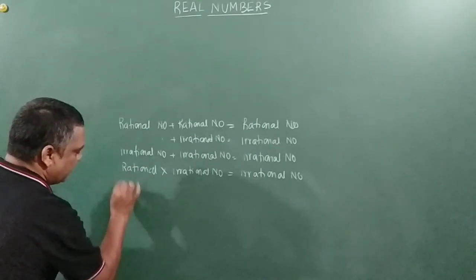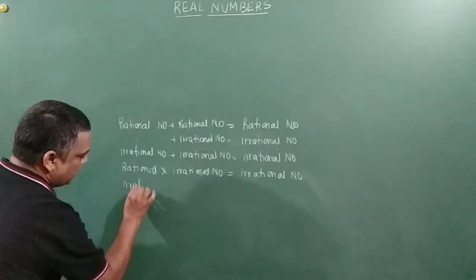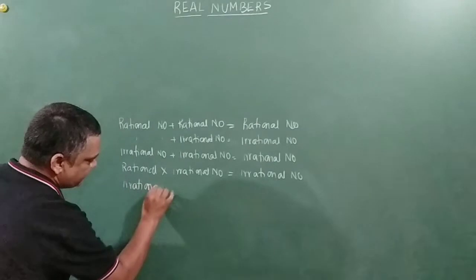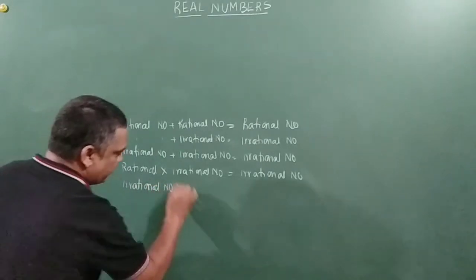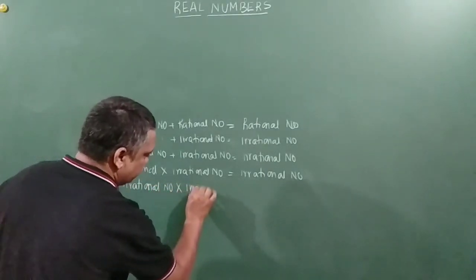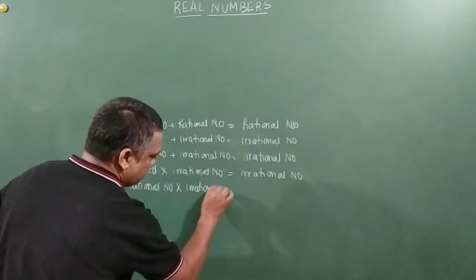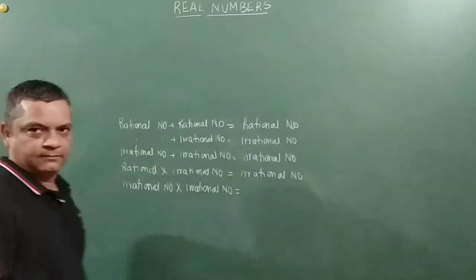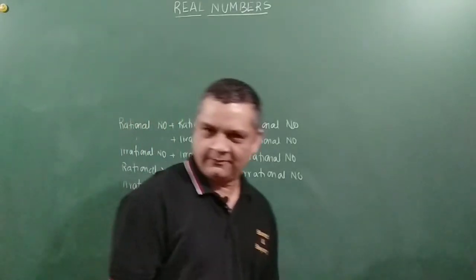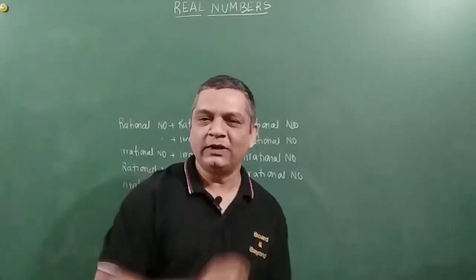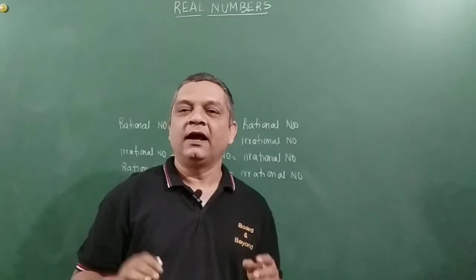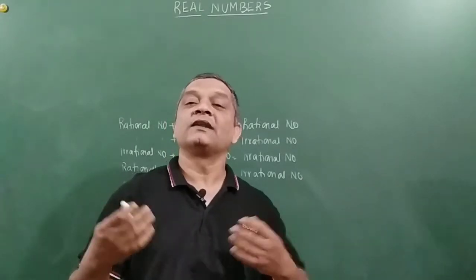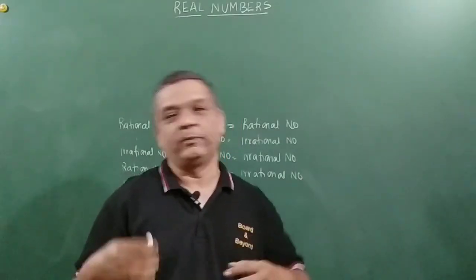So, there is only one exception to it. Irrational number into irrational number will be what? Here is the question mark. Irrational number into irrational number will be either an irrational number or a rational number. It can be both.